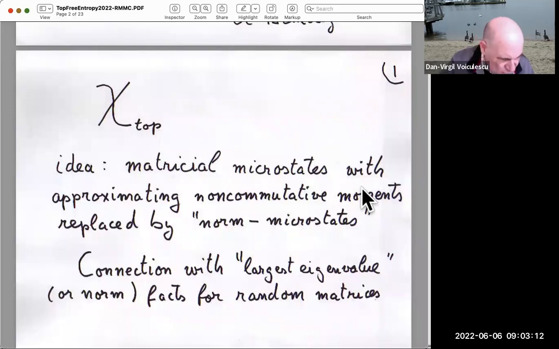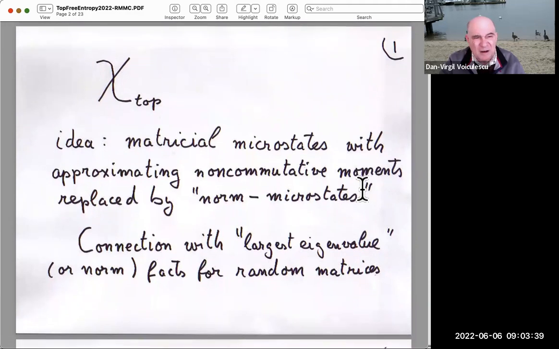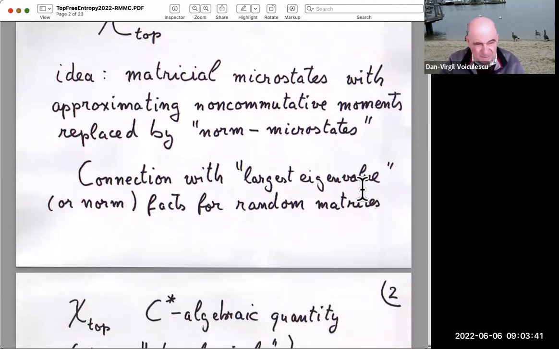Instead, one controls the norms, the approximation concerns the norms, and this has connections with largest eigenvalue or norm facts for random matrices, that is results about norms for random matrices have applications to this kind of questions about topological free entropy.